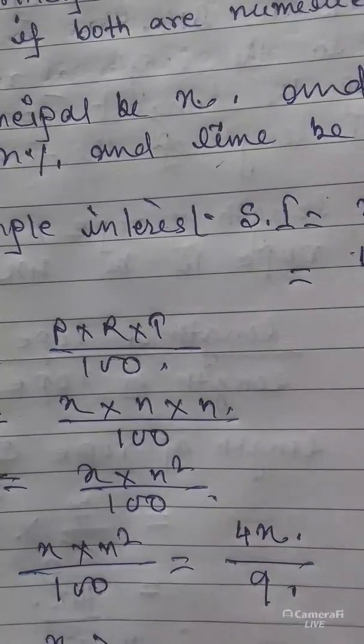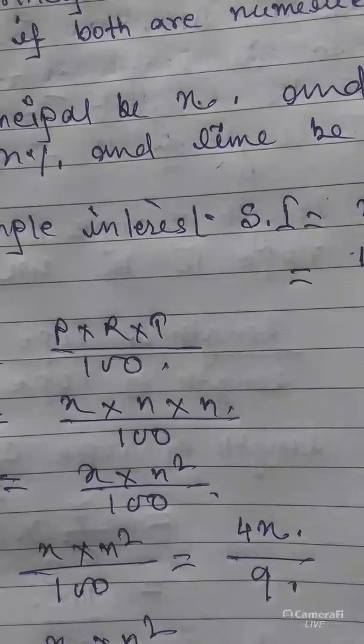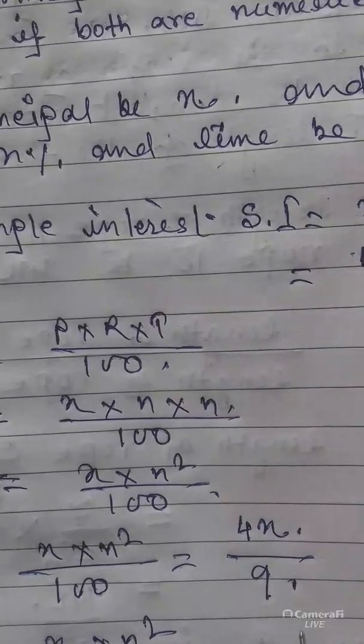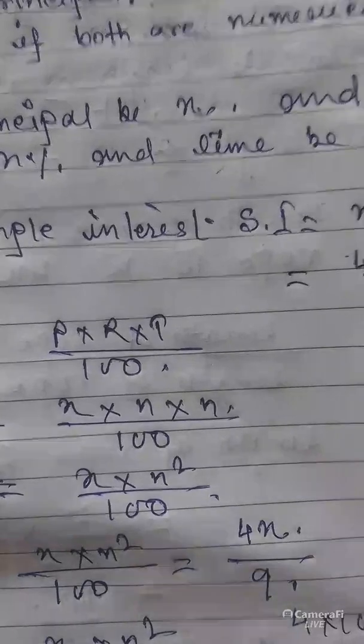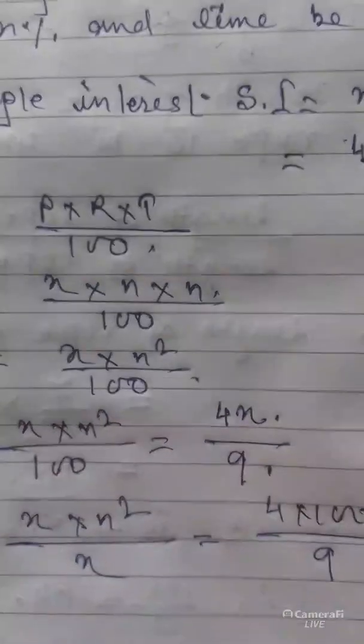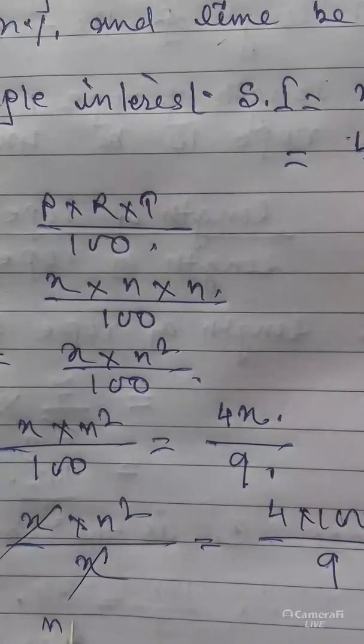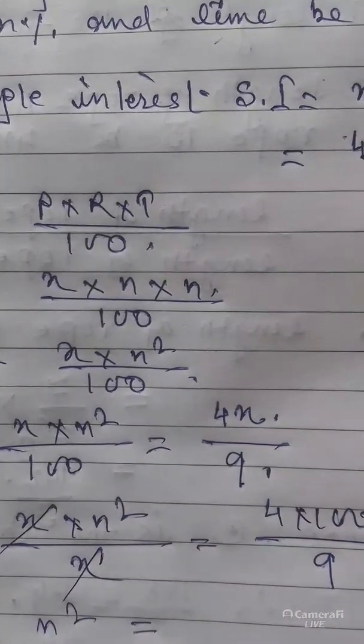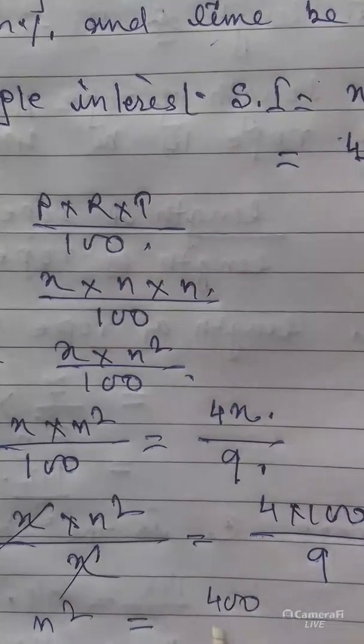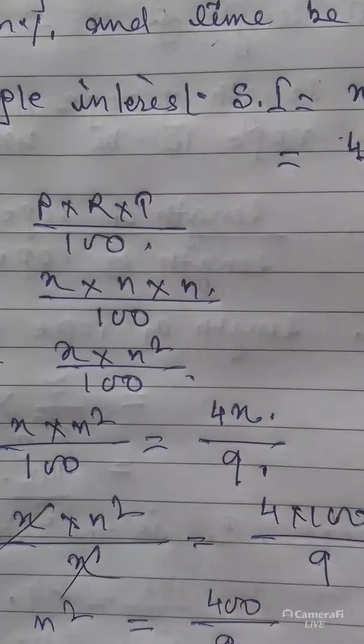Therefore, x into n square by x equal to 4 into 100 by 9. Now x cancel, n square equal to 400 by 9.